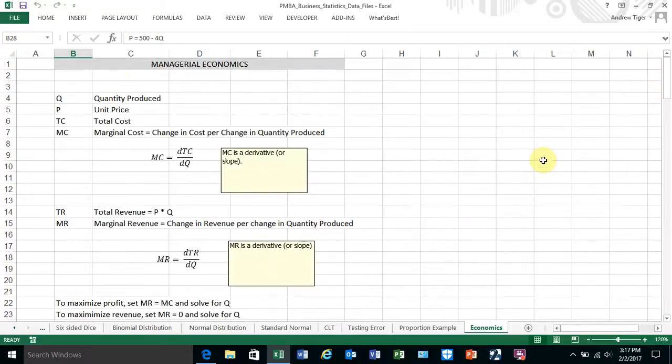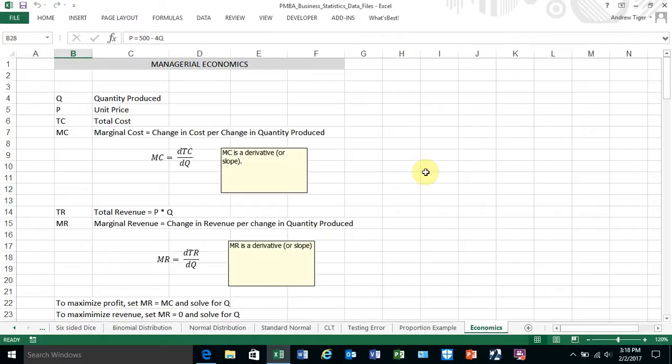So just to start with some terminology, the question is always what should be the quantity that we're going to produce, and the price that we're going to sell it at is going to be a function of the quantity. And then the total cost is the cost of producing everything. So we've got two definitions, the marginal cost and the marginal revenue.